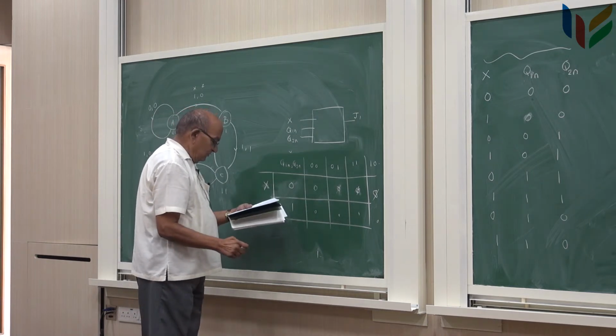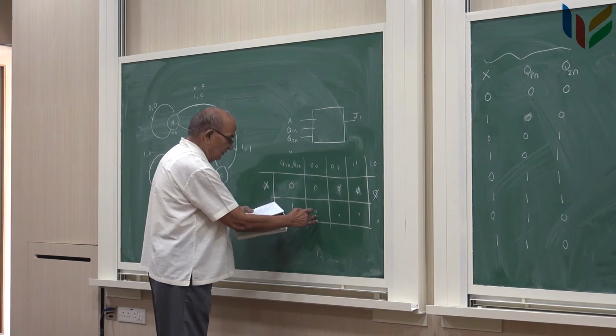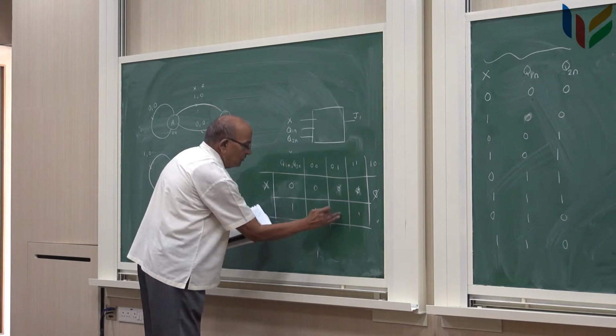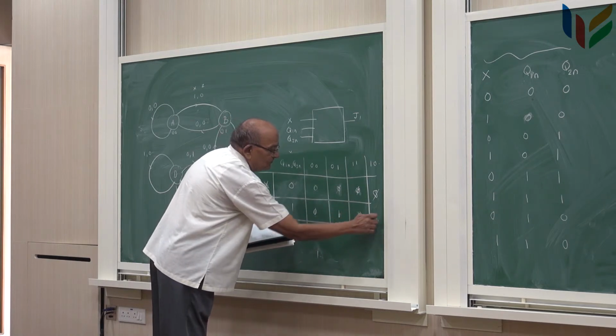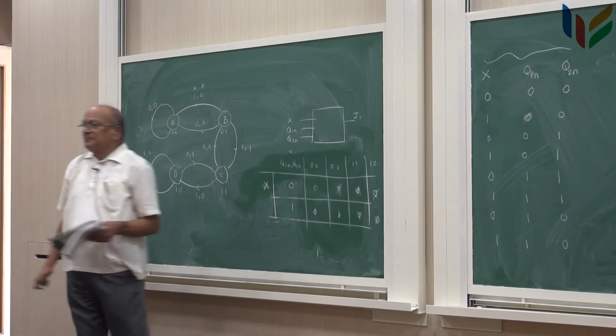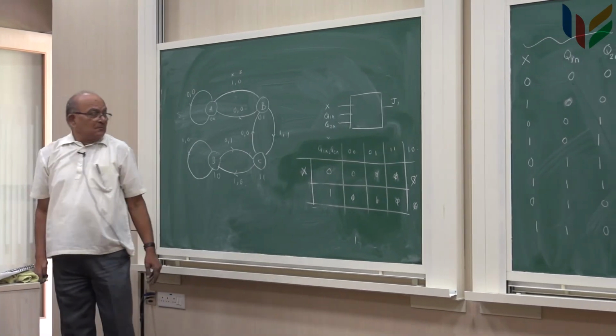When it is 1, it becomes 0, 1, and don't care, don't care. This is the Karnaugh map for J1.